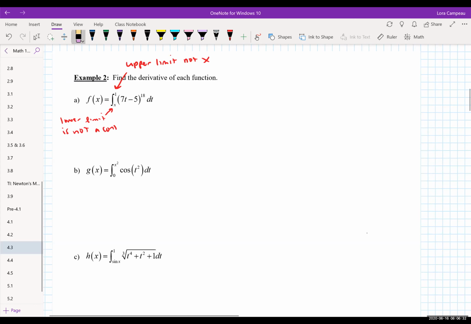But I do remember there is a property that allows us to switch those upper and lower limits so that we can put it in the form that we're interested in. So we're going to use integral properties to rewrite if possible. If we can invoke them, let's do it. Let's see if we can rewrite.